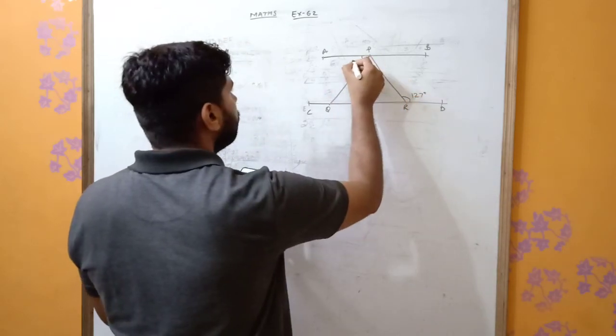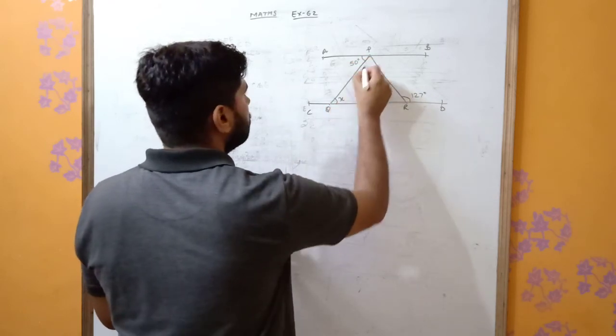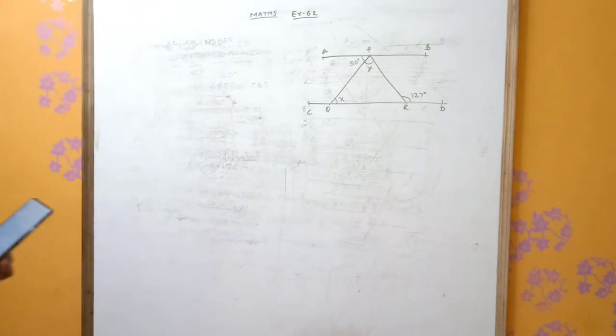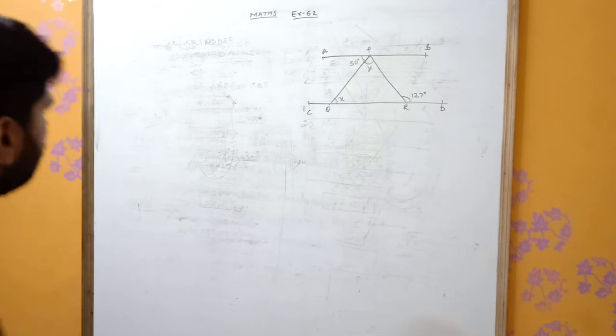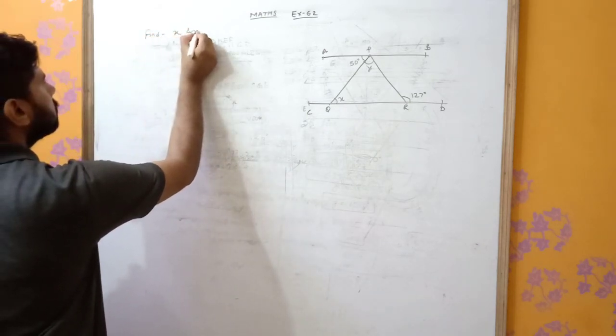This angle is 50 degrees. And this one is X, this one is Y. That is given. Find X and Y.